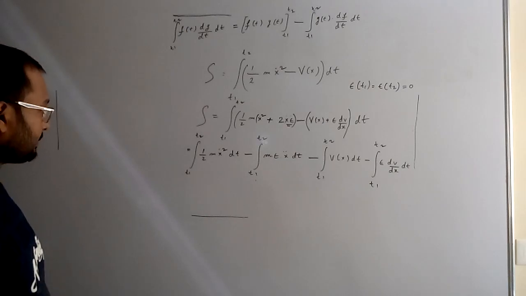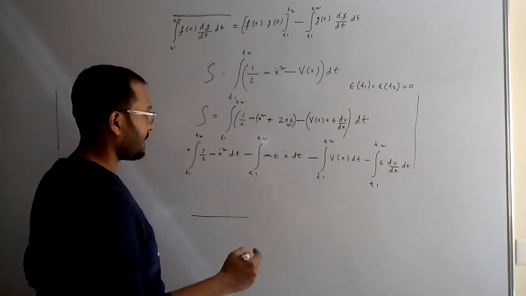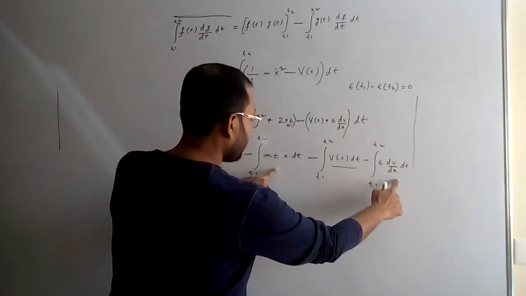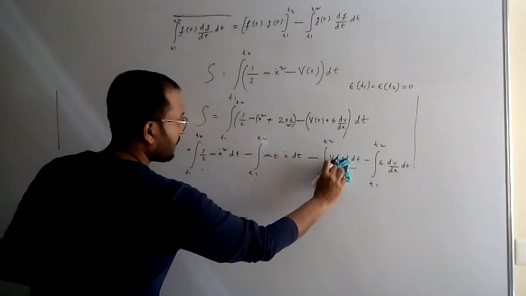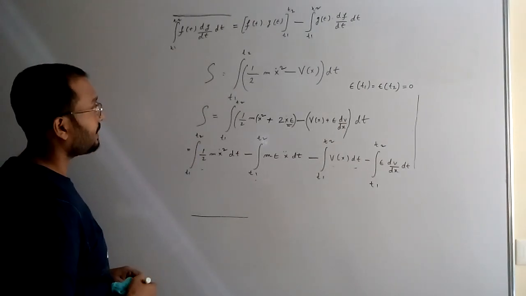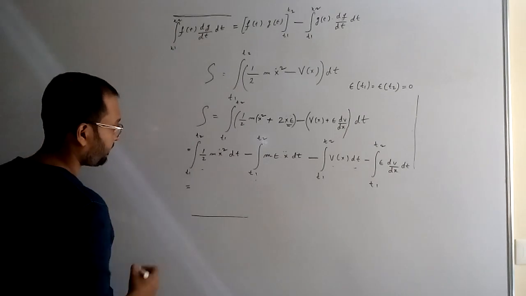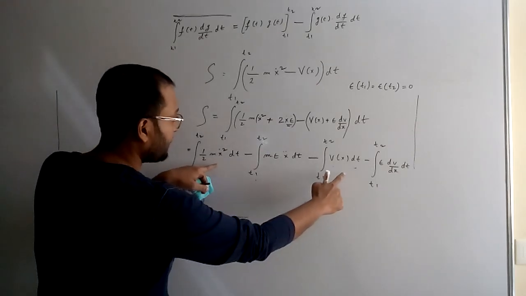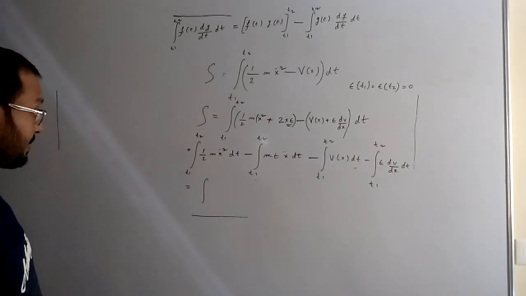Okay, now let me start grouping terms. Let me group this with this, and let me group these two together. I'm already out of space. Well, let me write it down below. If I group these two terms, I think I'll jump a few steps now.